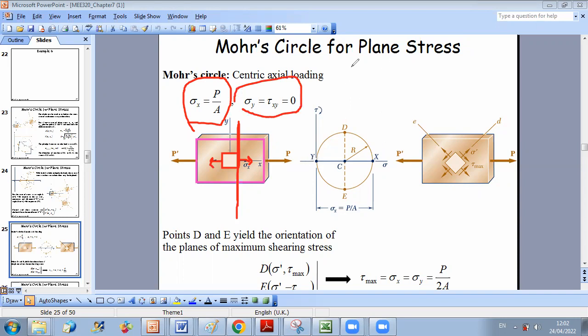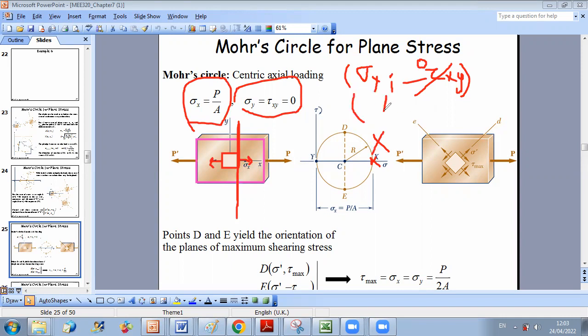My first point is of coordinates sigma x, minus tau xy. And because tau xy is 0, the first point will be sigma x, 0, and it will be located here. This is my point x representing the x-axis state of stress.